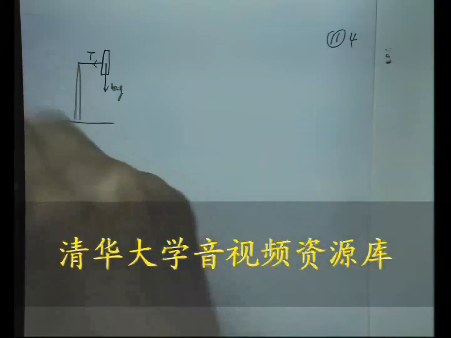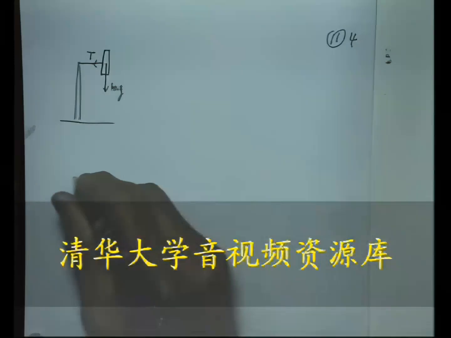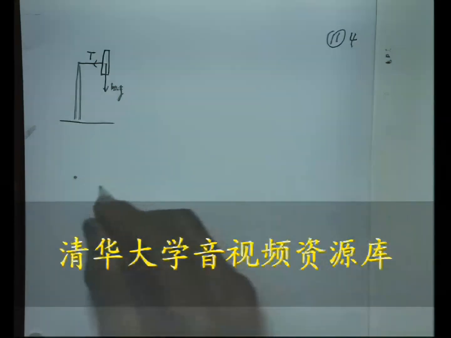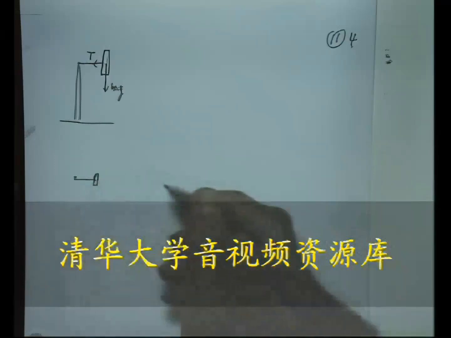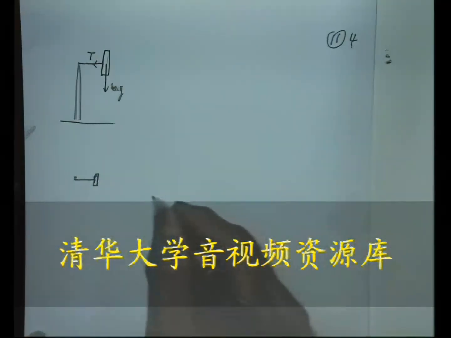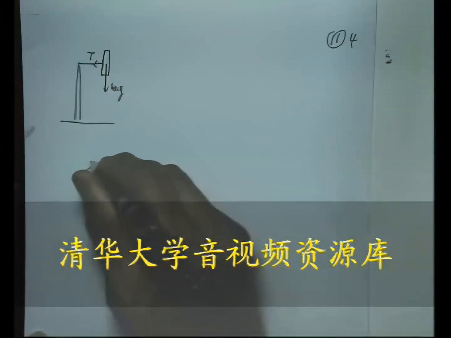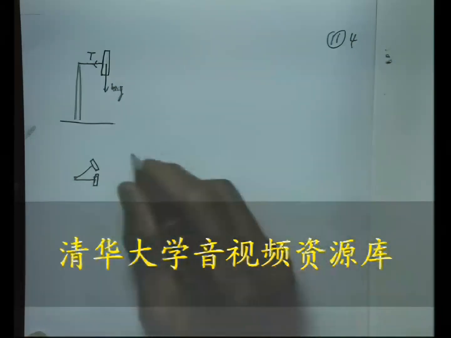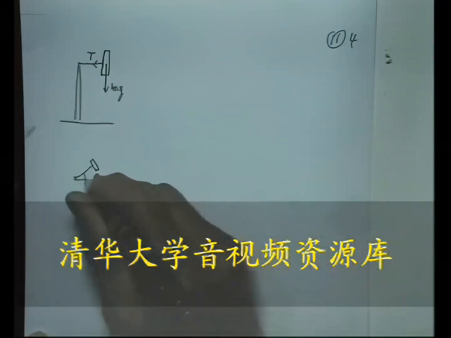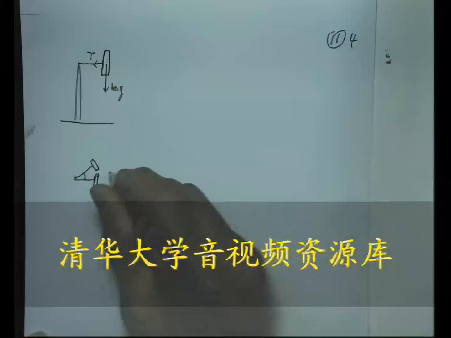Now let us look from the top down. So this is the point, and this is the body. After delta t, it rotates this way. It rotates an angle delta theta.